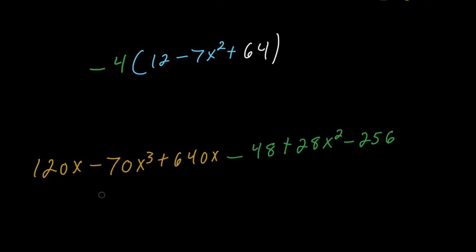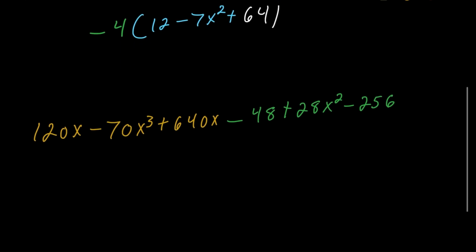We combine the 10x multiplied by our trinomial, and then our negative 4 multiplied by our trinomial. So can we simplify this any further? I see some x's that can be added together, and then we have some just plain numbers that can also be subtracted. So let's go ahead and try simplifying this further.